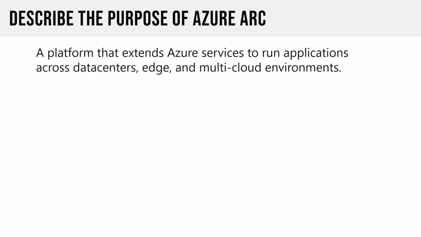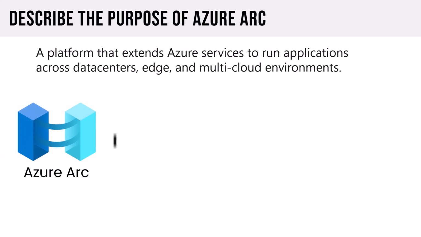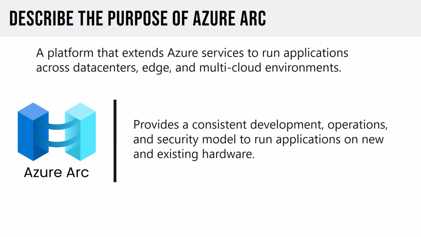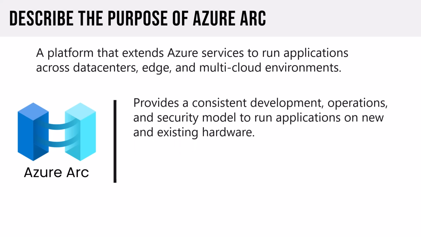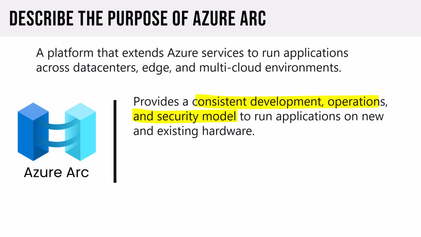Then we have Azure Arc, which is a platform that extends Azure services to run applications across data centers, edge, and multi-cloud environments. So whether it's on-premises, colo, an edge compute scenario, AWS or Google Cloud Platform, Arc is providing a consistent development, operations, and security model to run applications on both new and existing hardware.